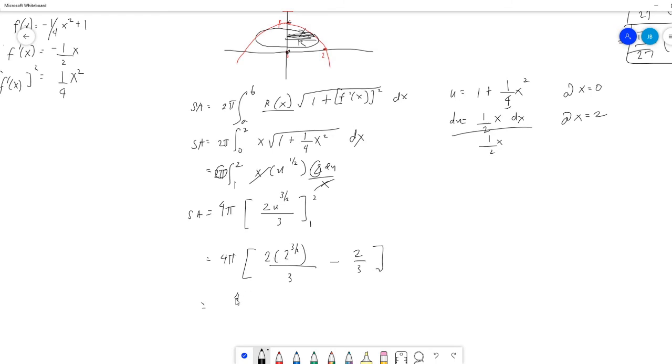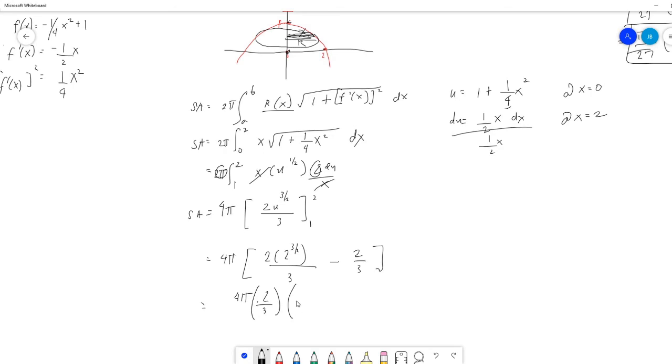So when we are going to simplify, that's 4 pi times 2/3. So what's left here will be 2 raised to 3 halves. So that's the square root of 2 cubed.